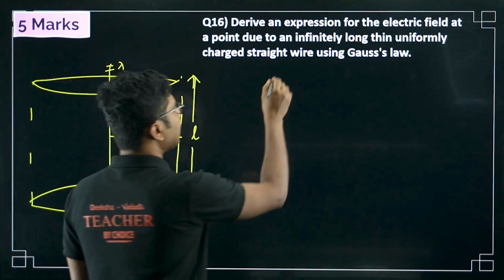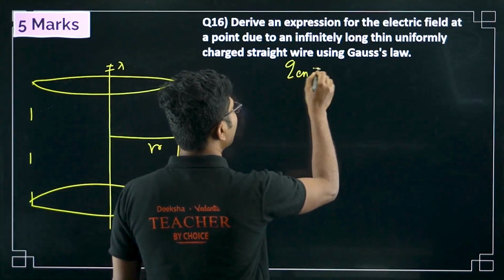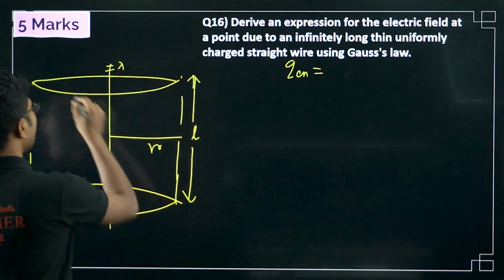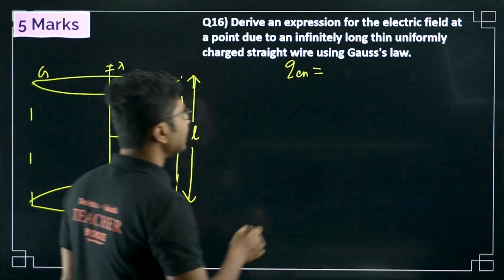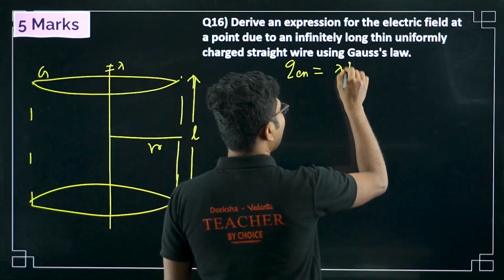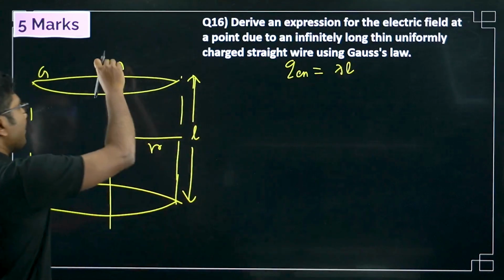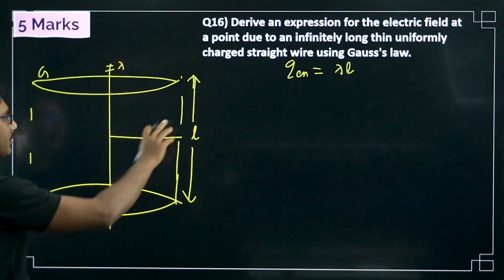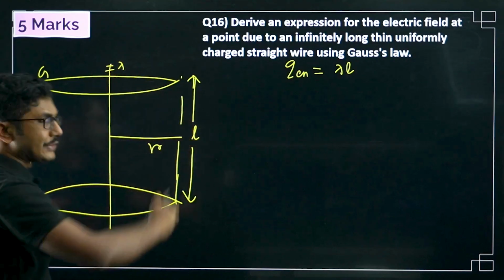So total charge enclosed by this Gaussian surface is given by lambda L, right? Charge per unit length is lambda, total charge should be this into this.